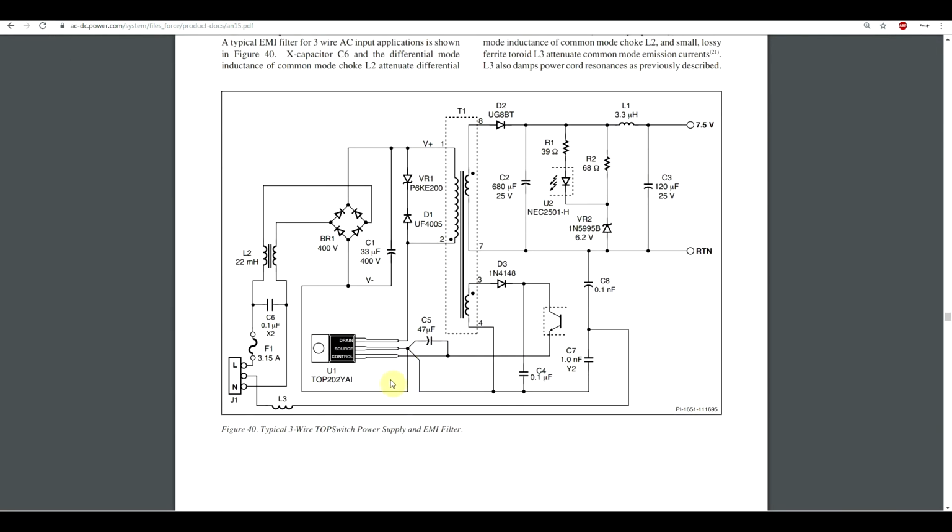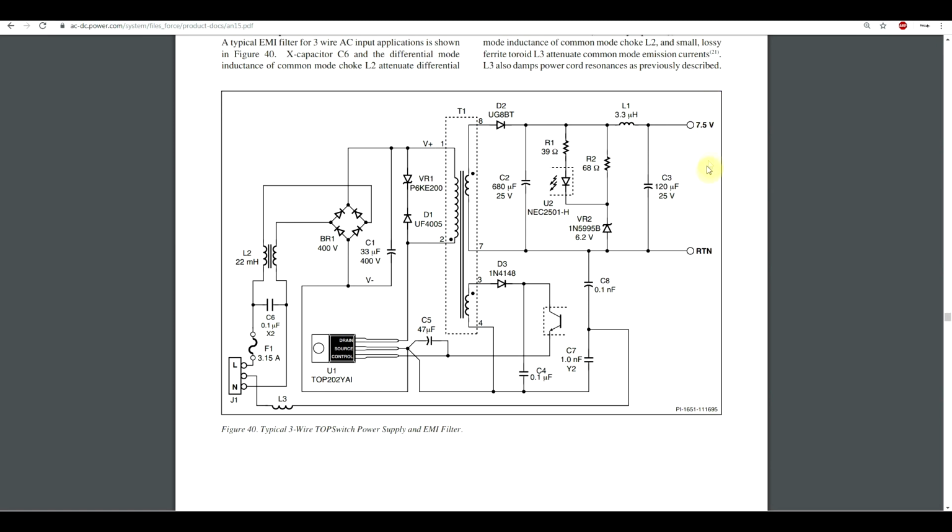So this is not the supply that I have, but it's very similar. So basically we're supplying the unit through the live and the neutral wires. We've got our input filter, rectifying bridge, the transformer, and then on the secondary side a rectification diode, and then an output capacitor, and then the circuit can supply something else.